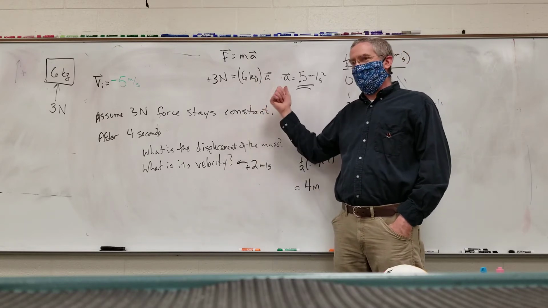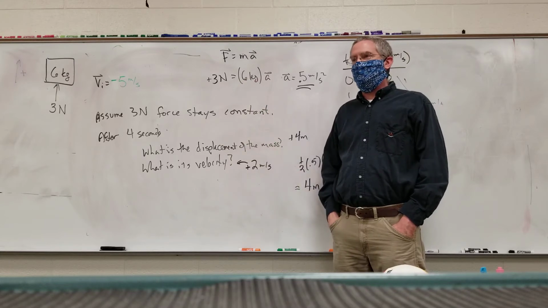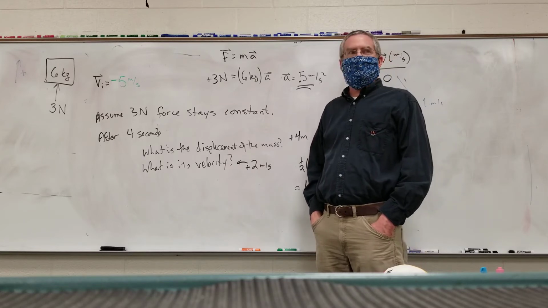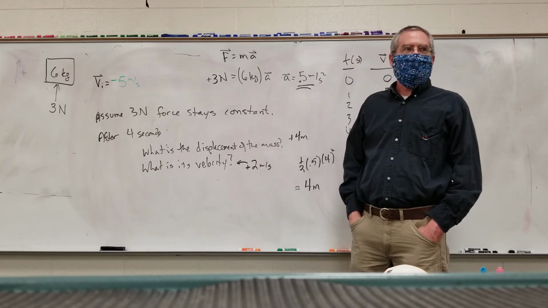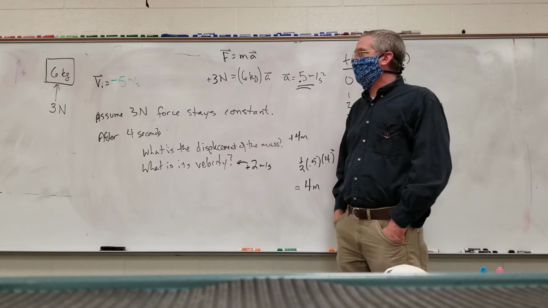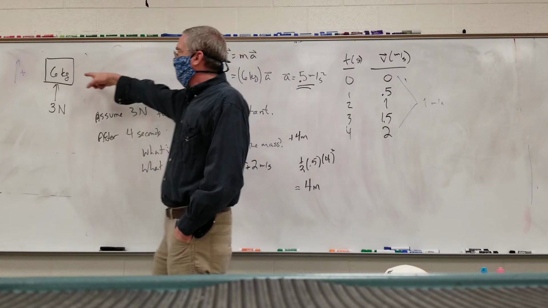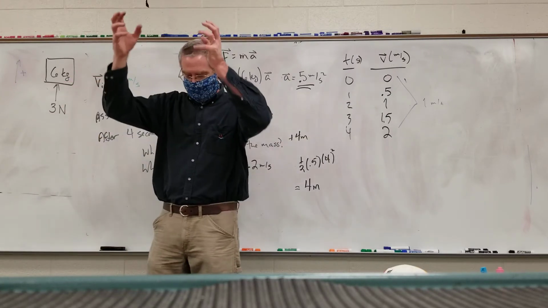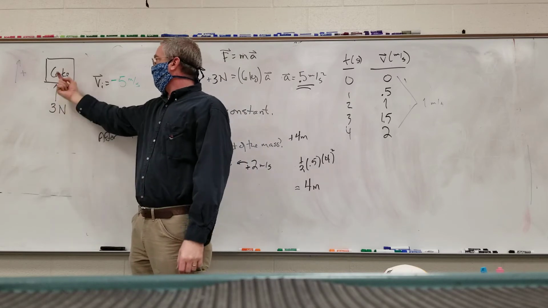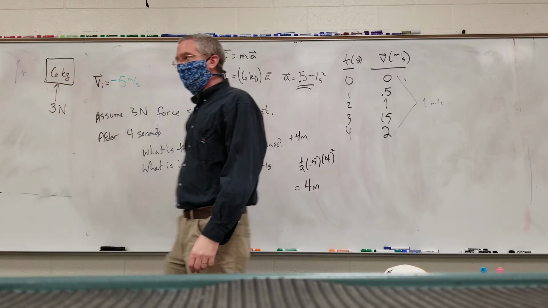Velocity is negative, acceleration is positive. That means that it's slowing down. Yes, it's slowing down. Picture this thing falling at 5 meters per second and someone's trying to keep it from hitting the ground. You're pushing up on it as this thing is falling.